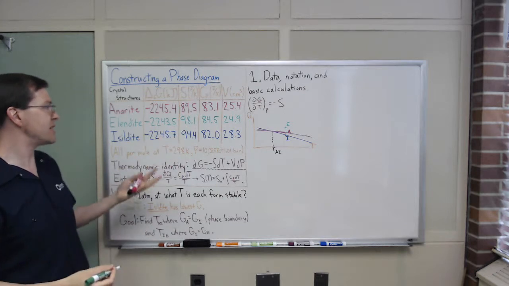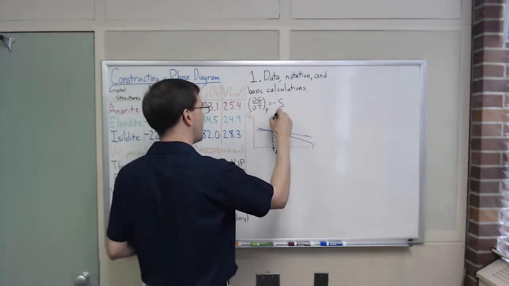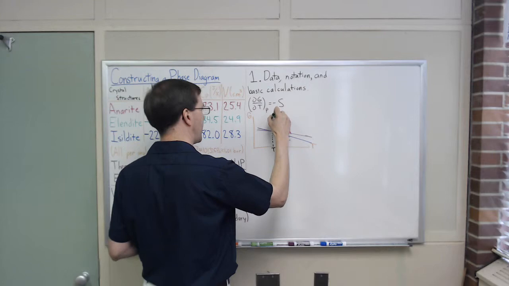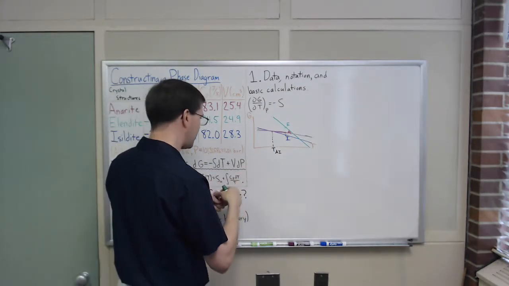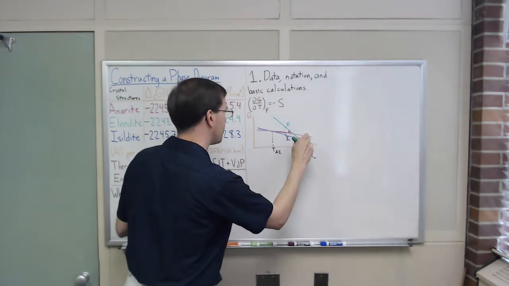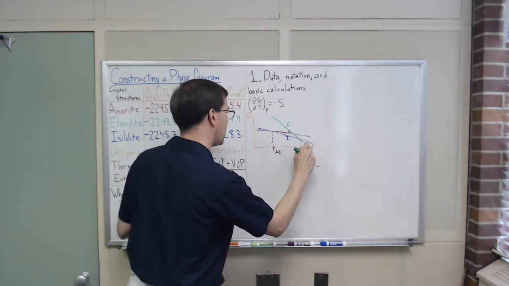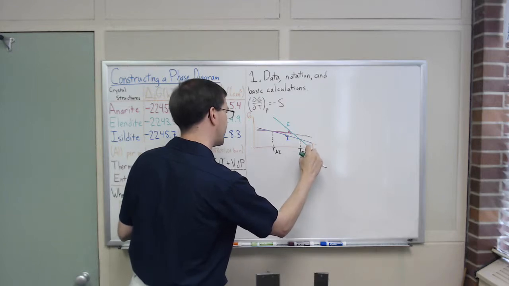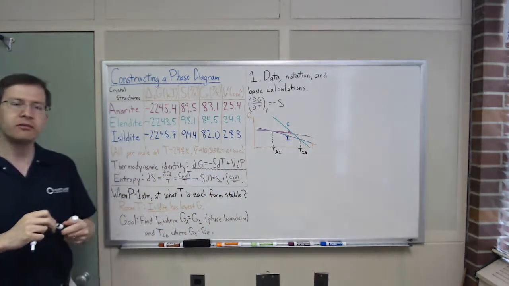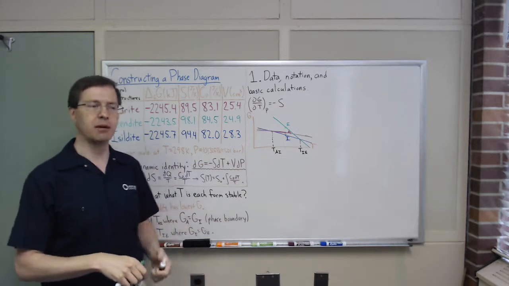So it has the steepest negative slope. Over-exaggerating just to give the idea, it's going to go something like that. And so I expect to find over here some temperature, the temperature of Isoldite and Ellendite, where Ellendite becomes the stable form.